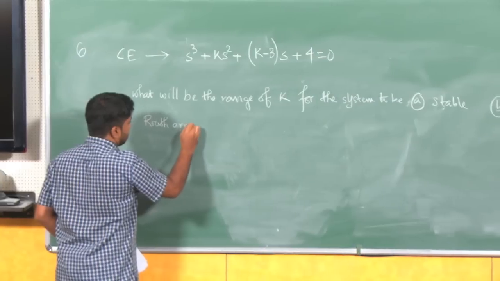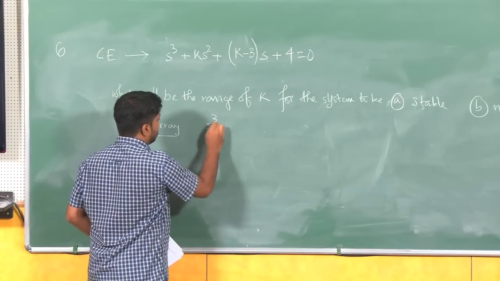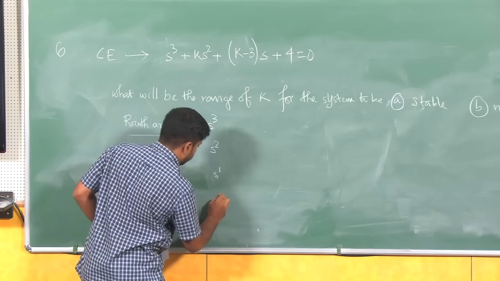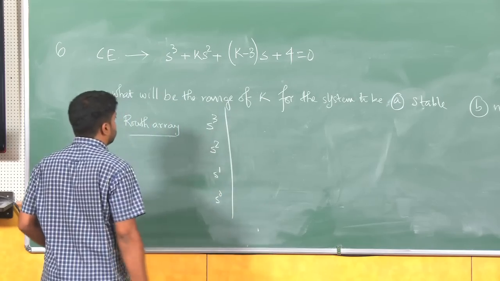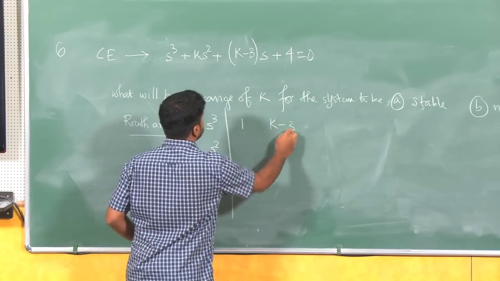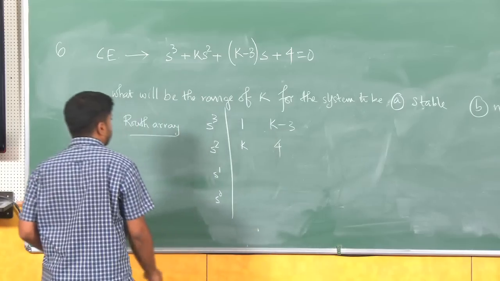Okay. So, Routh array. S cube: first term is 1, then k minus 3, and this is k, this is 4.